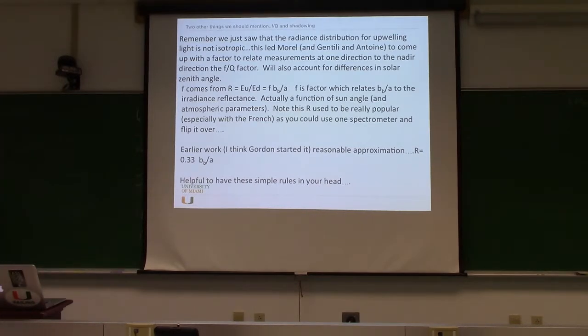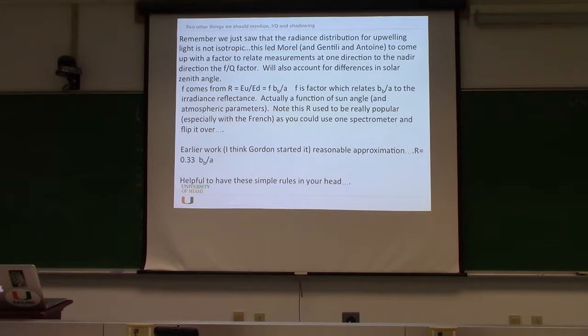Morel and Gentili had a series of papers, and it culminated with a paper by Morel, Antoine, and Gentili, I think was the order, in 2002, and they started talking about this F over Q factor to try to adjust for the fact that we're not always measuring at solar noon with the sun right overhead and directly looking down. Okay, so they try to correct for both of those things.